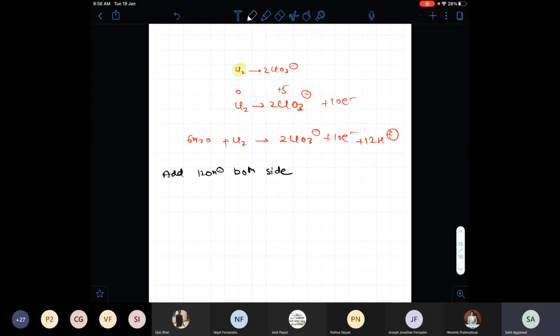Add 12 OH minus ions on both the sides. 12 H plus and 12 OH minus will give 12 water.